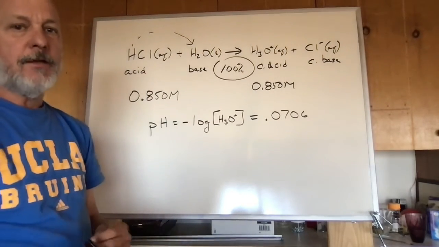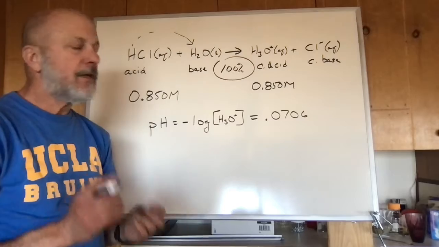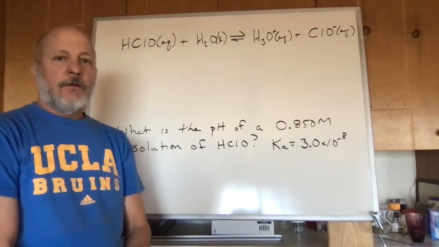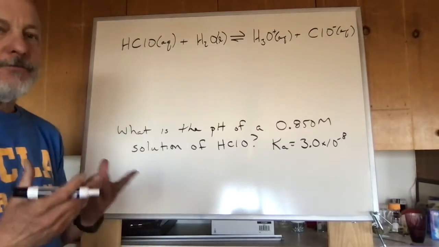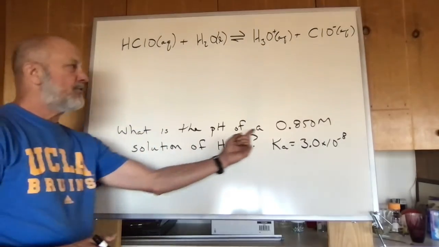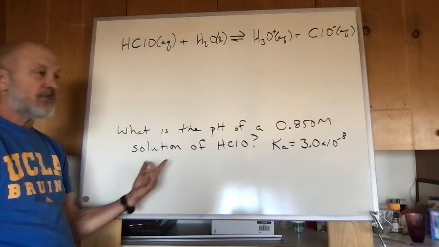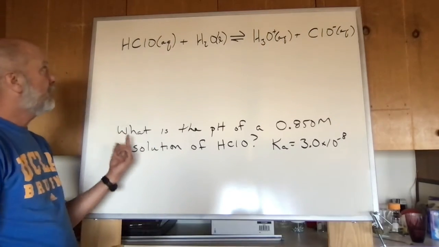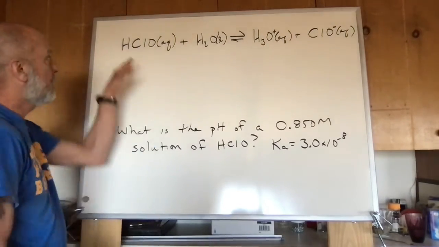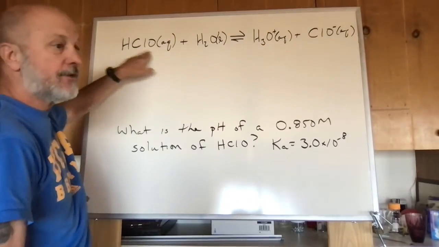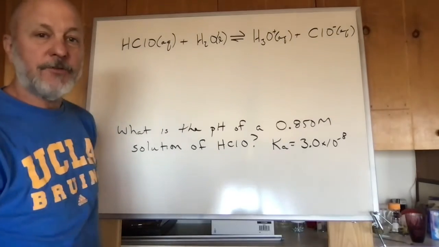Now let's look at how we find the pH of a weak acid. Okay, so now we're looking at finding the pH, and let's use the same concentration that we just did for hydrochloric acid. In this case, hypochlorous acid, HClO. That oxygen influences how this acid behaves.